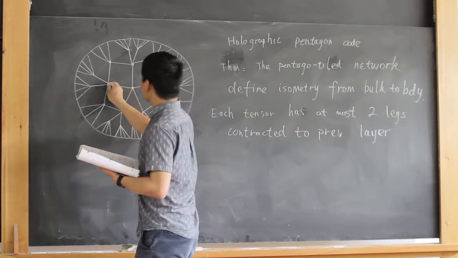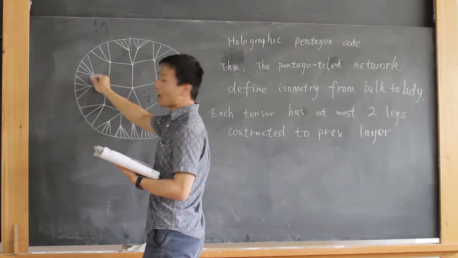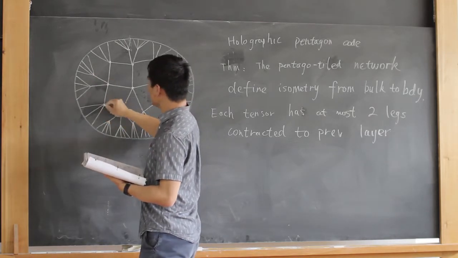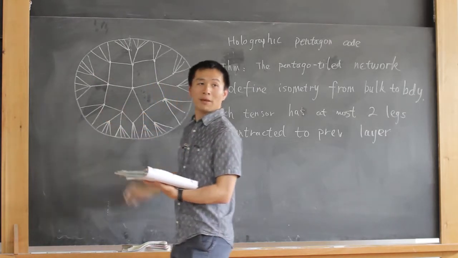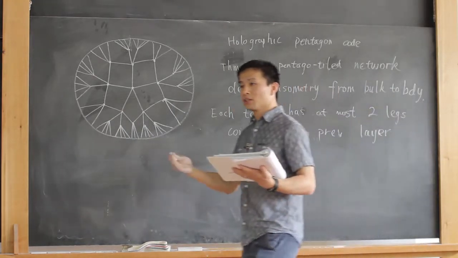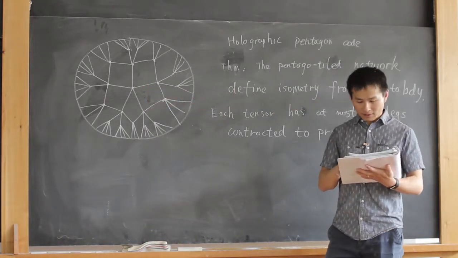So if we consider this tensor, it has just 1 leg contracted to the previous layer, and the others go to the next layer. If we consider this tensor, it has 2 contracted to the previous layer, but no more than 2. This is a signature that we're dealing with a graph on a negatively curved space.